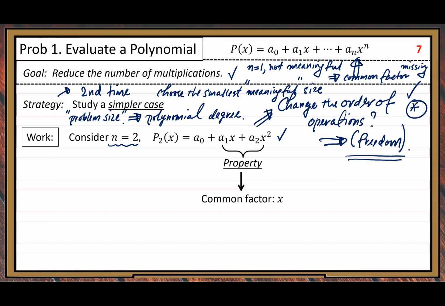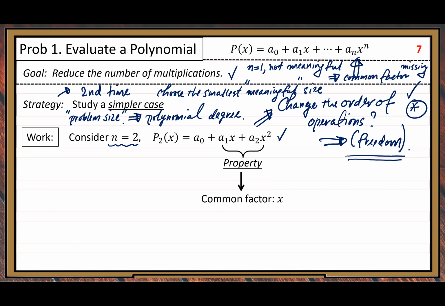So that's why it's not a good case to get us started. Now, when we consider n equals 2, this common factor property is there, so we can work on that.